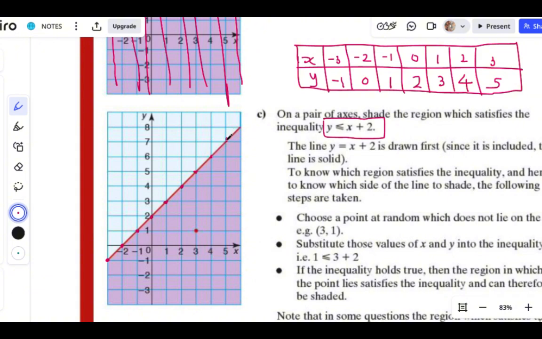When x is 6, y will be 8. Then you take a ruler and draw a solid line. Why a solid line? Because it's less than or equal to. If it's only less than, you use a broken line. So you draw a solid line, like what we have already.